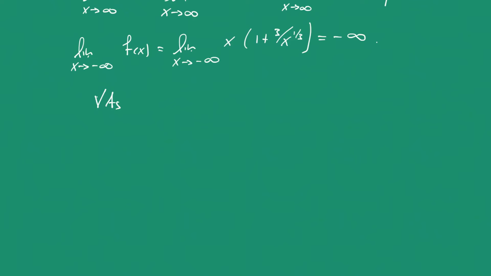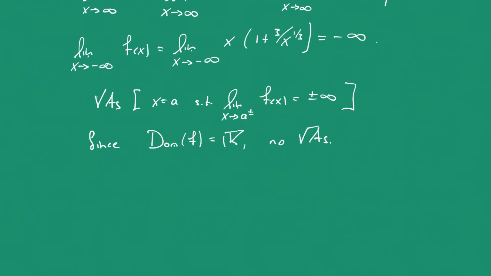So let's just write that down. So there you have it. Because the domain of our function is equal to all real numbers, we're not going to have any vertical asymptotes. When looking for vertical asymptotes, we would look at points which are not in the domain of the function. All right, so moving on.